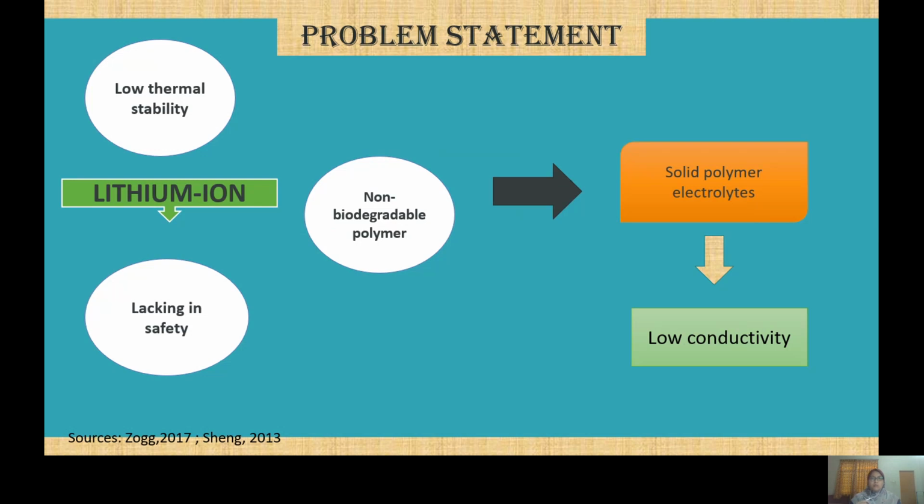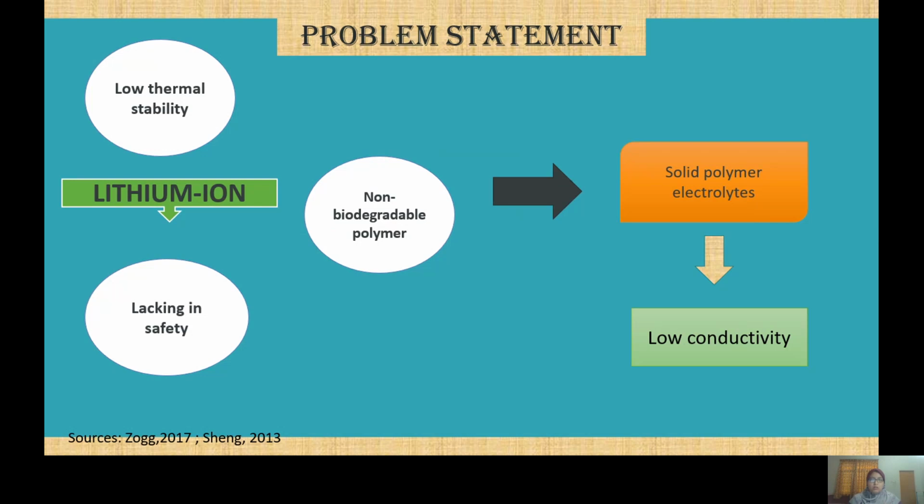Second is non-biodegradable polymer. Non-biodegradable polymer means it will not break down in biological process. Third is lacking in safety, easy to exploit.